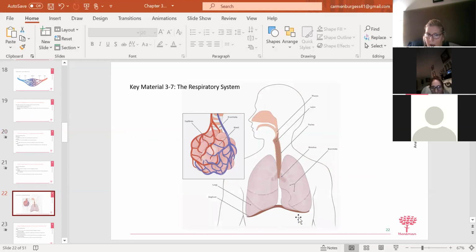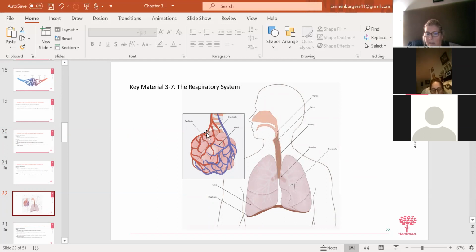And then down at the bottom are all these little like fingers. That's the alveoli, and that's where the exchange of oxygen takes place. That's just your respiratory system, and this is what's happening in the alveoli.